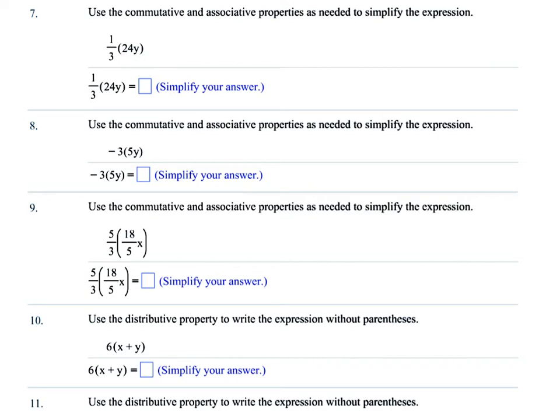So if I could move my parentheses to be around 1/3 times 24, and then put the y outside the parentheses, then I could do 1/3 times 24. And the associative property says it's okay for me to move those parentheses. So 1/3 times 24 is 8, and then I'll just put my y after it because I don't know what y is, so this expression simplified is 8y.